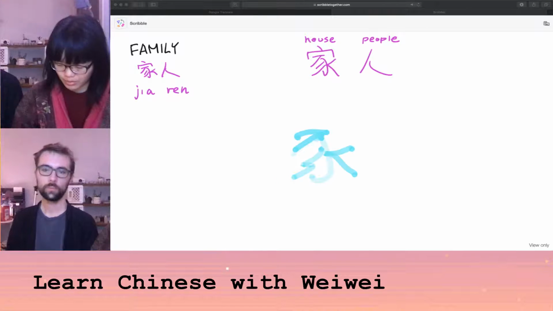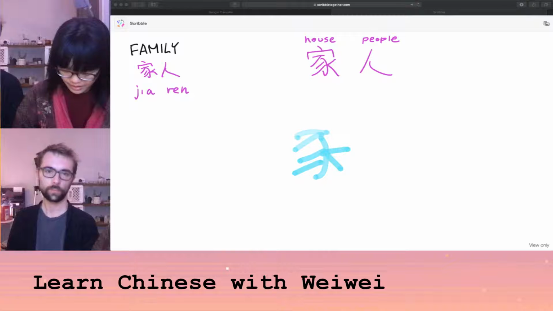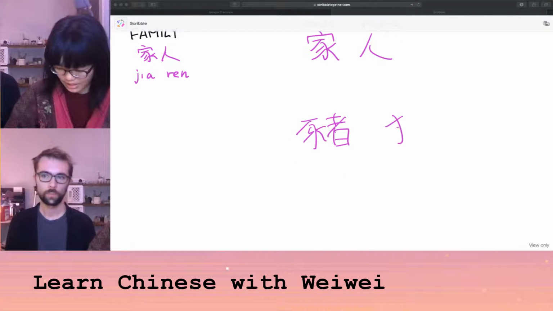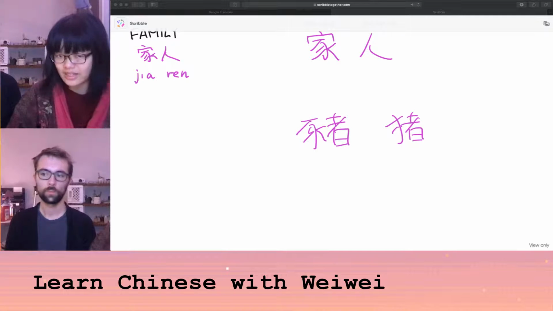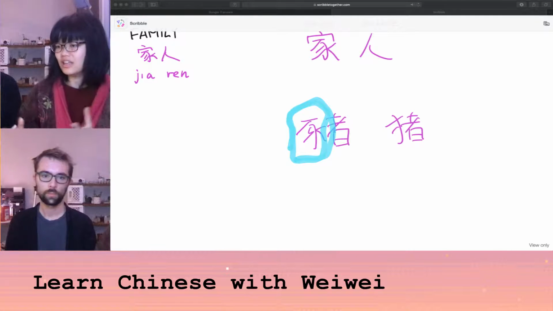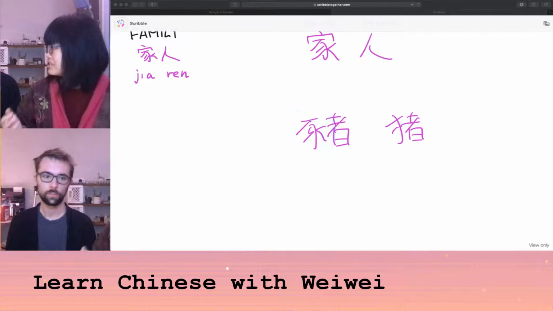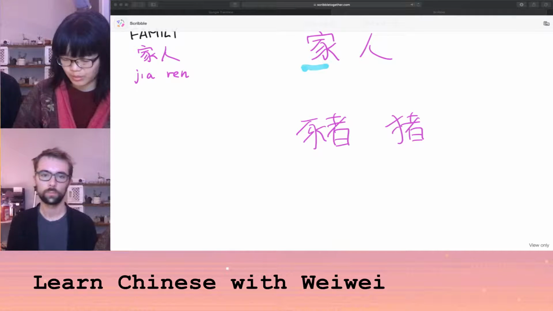I think it's more animal, so in simplified Chinese, pig is actually this, so it's slightly just like species, living animal species. It means home.